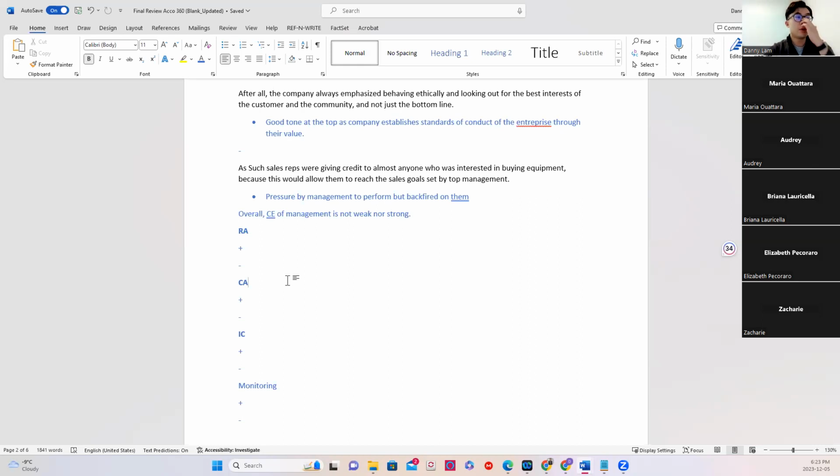I want you to talk to me about control activities, and then we'll do risk assessment. If there's a control activity, there's a strong risk assessment. If there are no control activities, there's a weak risk assessment. Let's always do positive first, because in the case, management is trying to do this and that, but actually what they're doing doesn't serve a purpose. So let's start with the obvious positive. What do you guys think we should have?